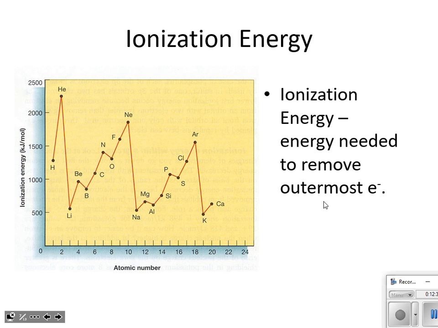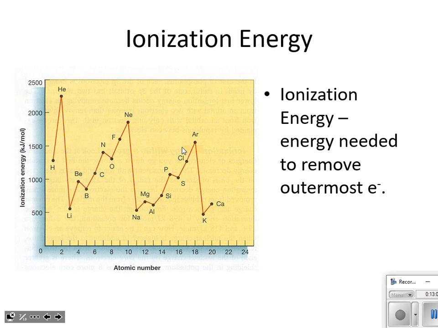So if we look at just this one right here, because this is my 3rd energy level, if ionization energy is the amount of energy needed to remove an electron, it's going to go up as I go across that period, isn't it? Because it's going to be harder and harder to remove electrons.